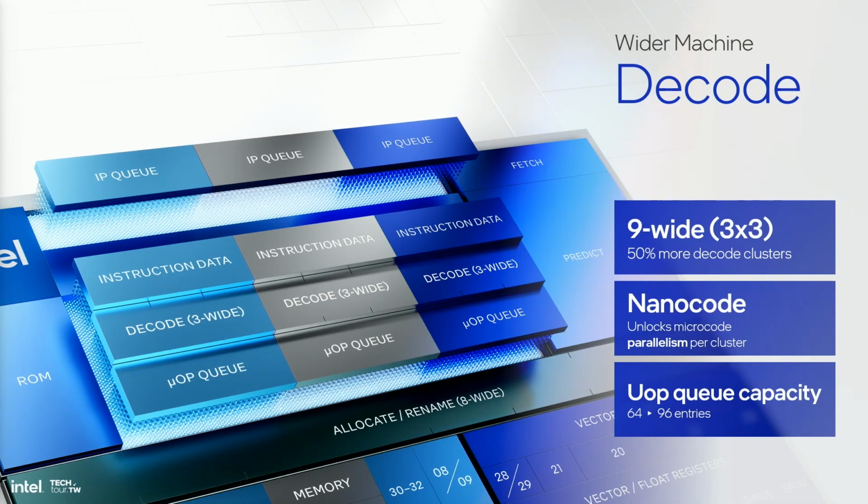So what we've done in SkyMont is we've introduced what we call nanocode. So microcode, nanocode. Nanocode is where we put decoders in the clusters that can generate UOPs for common and specific microcode flows. So what this does is this allows us to continue doing that decoding in parallel.